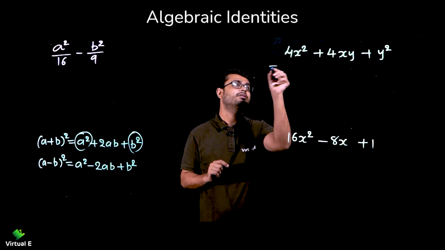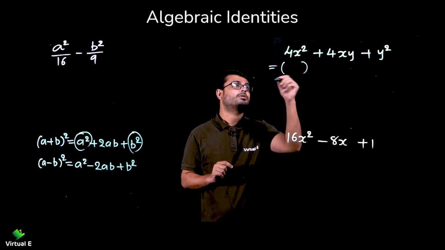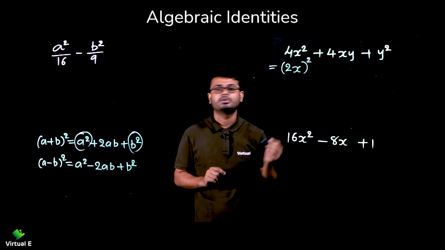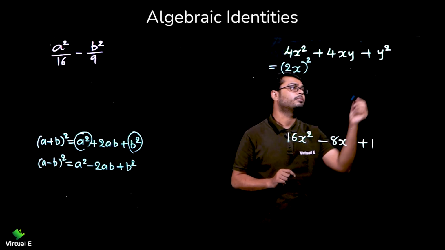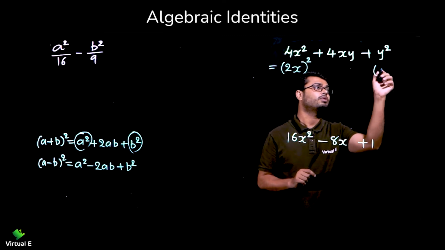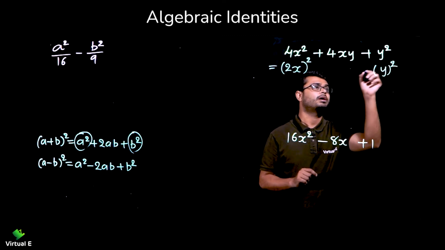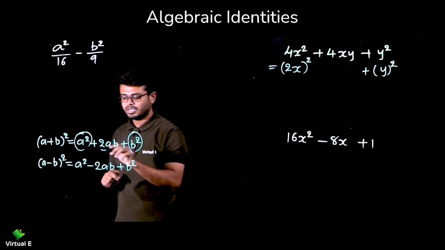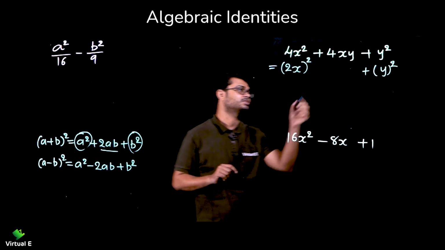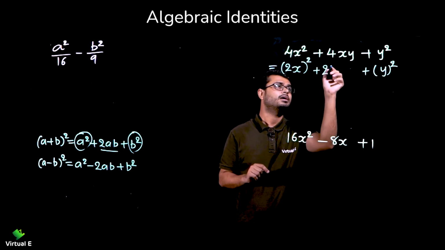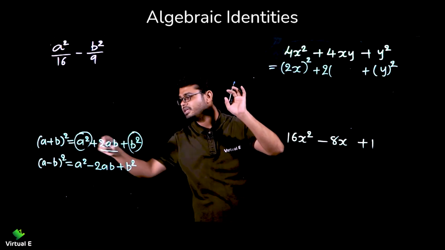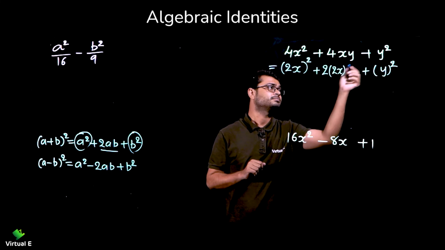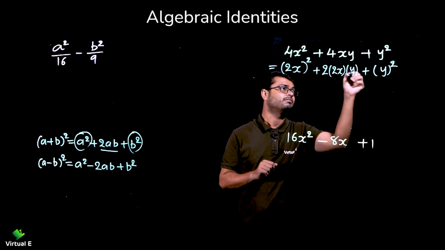So here we can write the square root of this: square root of 4 is 2, and of x square is x, with 2 as the power, because we are talking about the square. And y square will be y square only, and plus. Now about the middle term, 2 should be there, so let's write 2. The first term is 2x, and the second term is y.